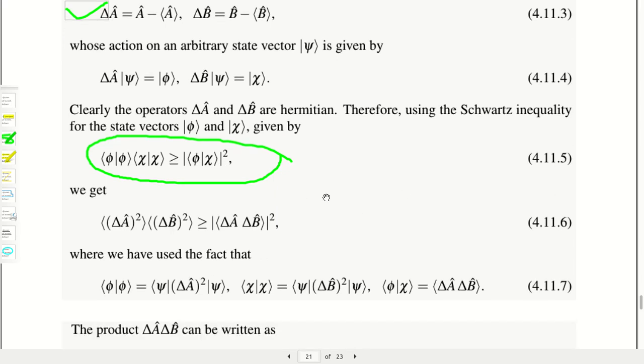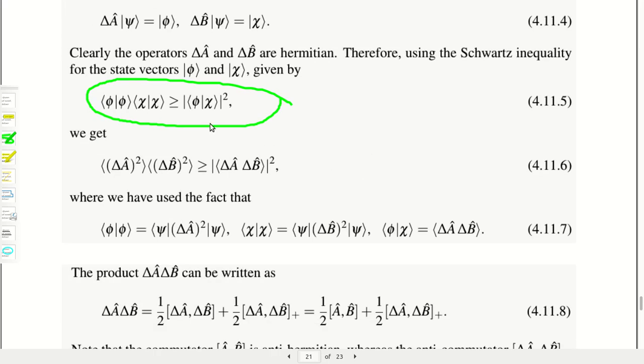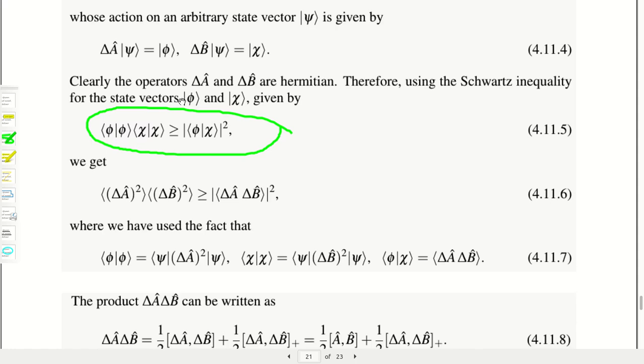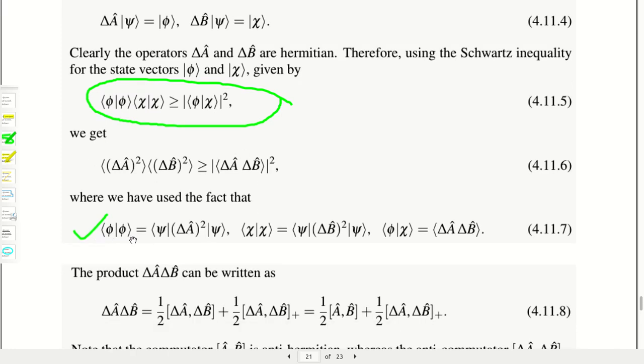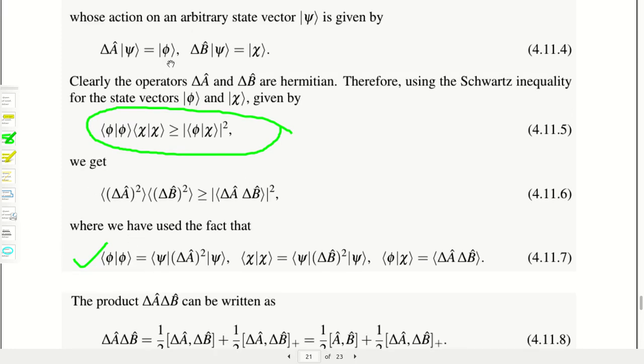This looks very much like your complex number identity, but here it is called the Schwarz inequality, and we use this because, what is phi phi? I am coming to this line later. Now for phi phi, you have the phi ket, so you can find the bra of phi.